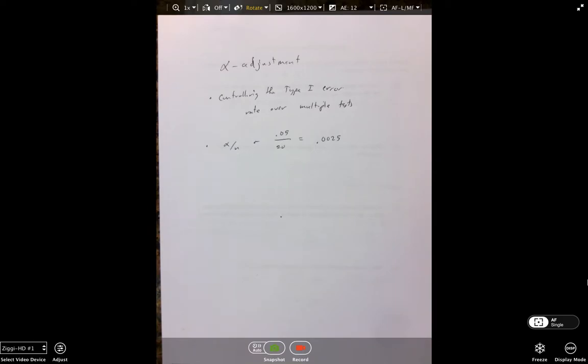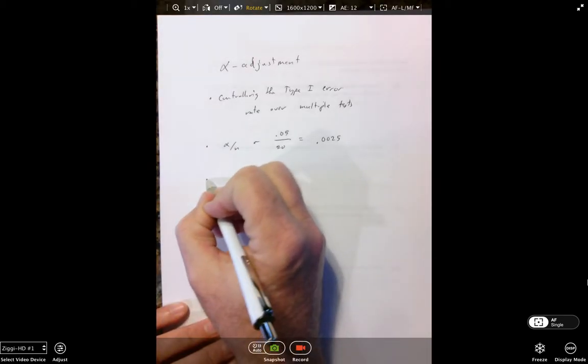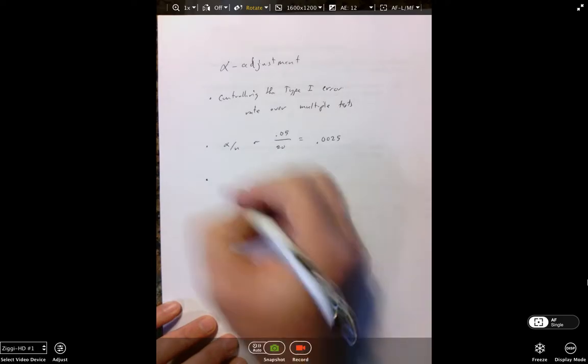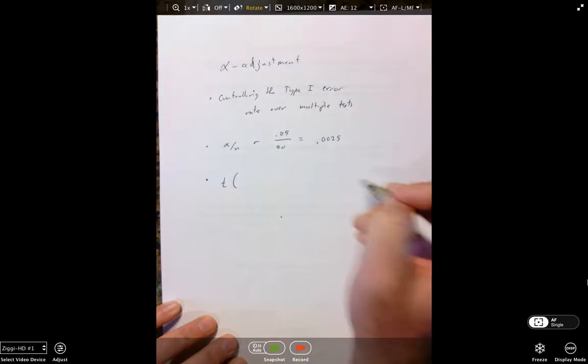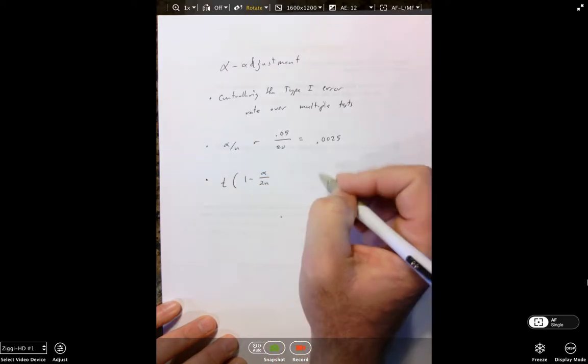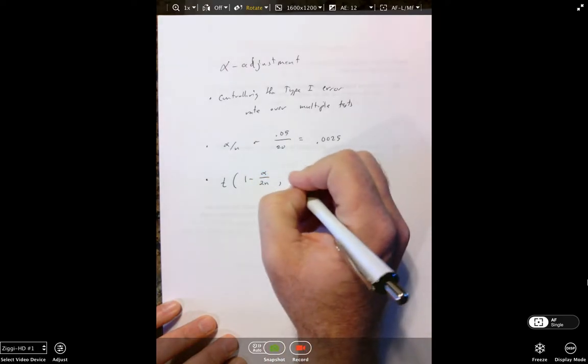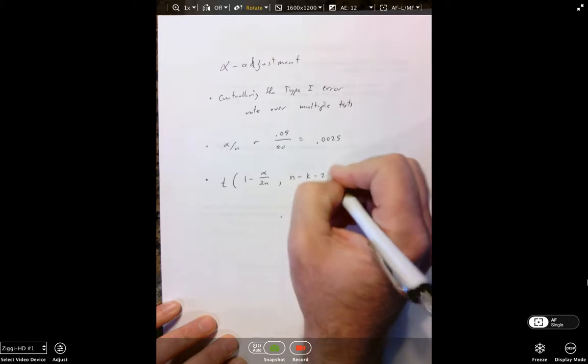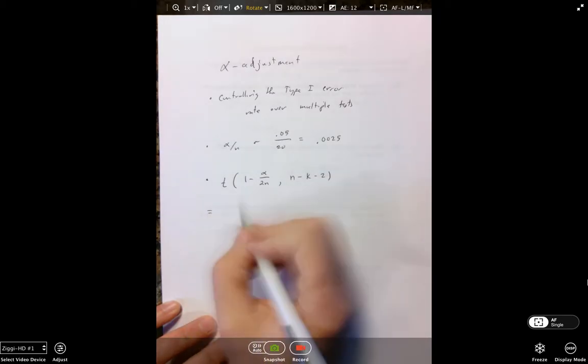So we would not reject unless we got a p-value less than 0.0025. Now, the Bonferroni correction that I talked about earlier is to take the t of 1 minus alpha over 2n at our degrees of freedom n minus k minus 2. Let me show you what I meant by this.